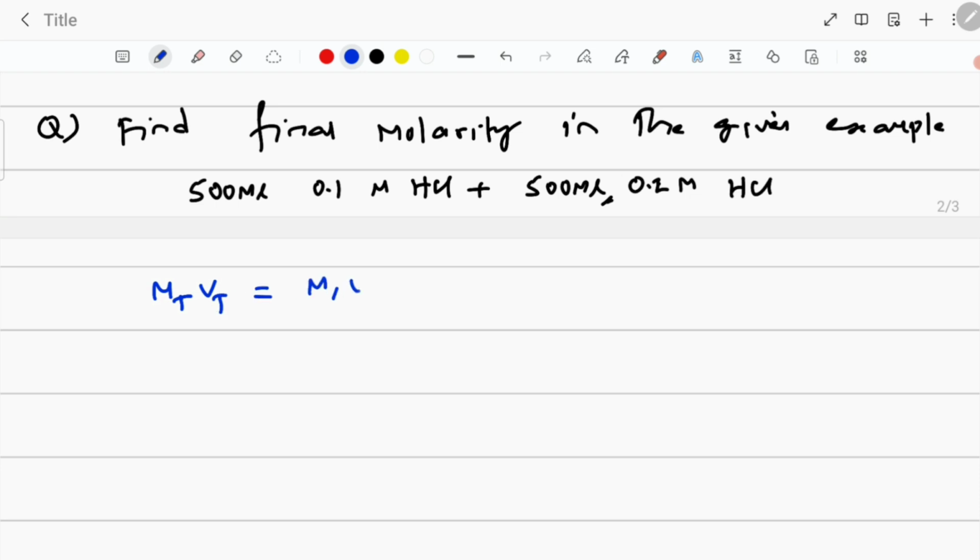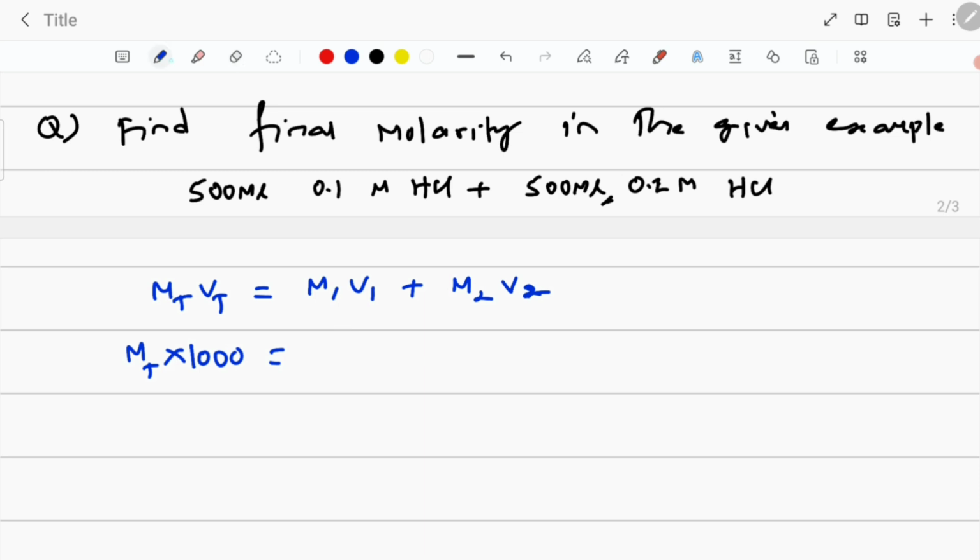So how do we find it here? For that, M_T V_T is equal to M1 V1 plus M2 V2. For finding final molarity, we use this. The total volume is 1000 because 500 plus 500. Total molarity we need to find.